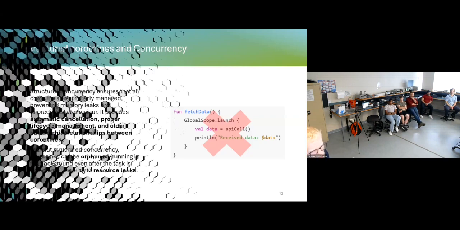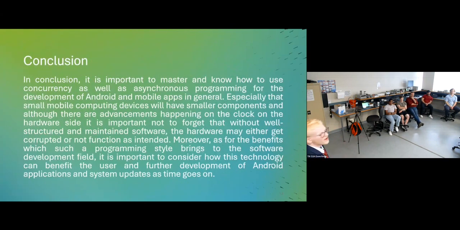All right, so in conclusion, what I want to get to here in today's presentation is that structured concurrency and structured coroutines are very important to use, and to be able to know how to use them and when to use them. The reason why I'm presenting this today is to tell you the benefit of them, where when we have an Android device, let's suppose your mobile phone, tablet, whatever, these devices have smaller batteries, smaller RAM, smaller everything.